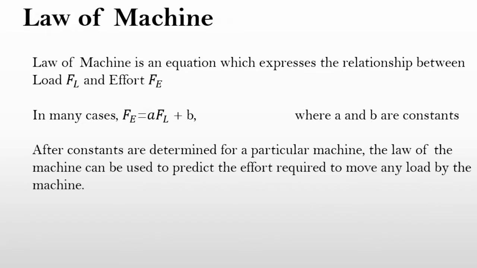The law of the machine is given by effort Fe equals A times load plus B, where A and B are constants. So we are going to draw some graphs like we did for the previous practical, and find out the law of the machine for this worm drive.